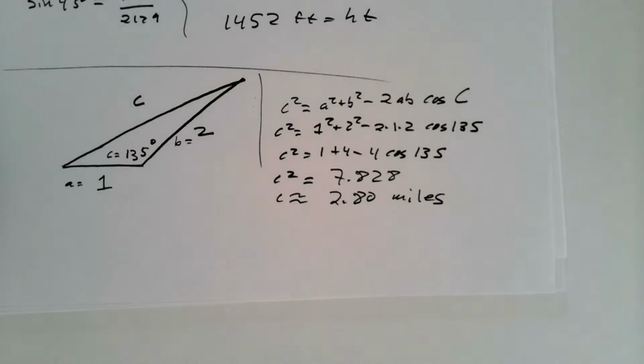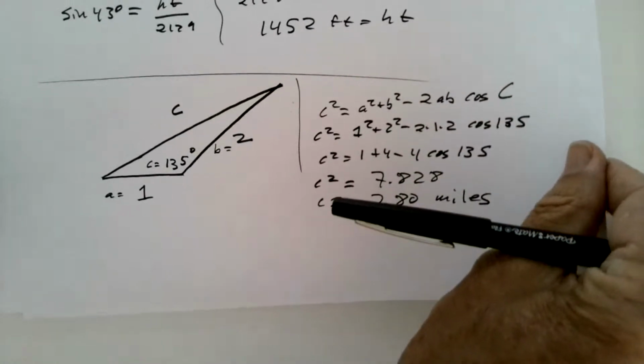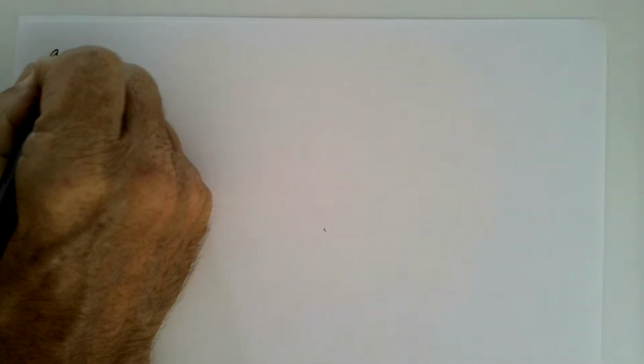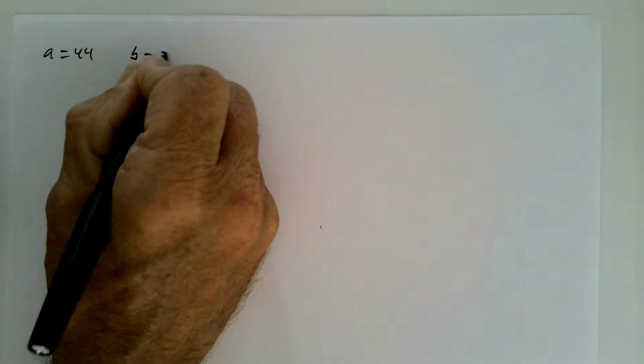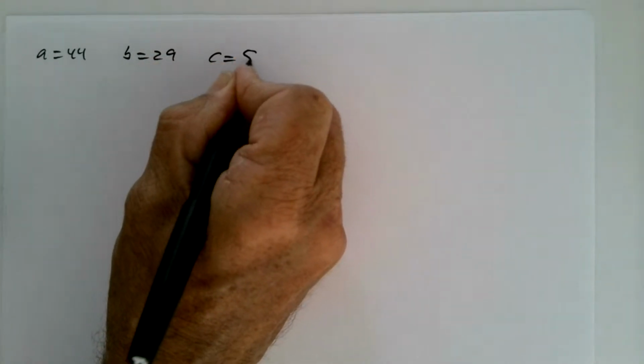Okay, our next question. We have a triangle. We want to find 2 different methods to find the area. We have 44 feet, 29 feet, and 50 feet. So 44, 29, 50. A is 44, B is 29, C is 50.